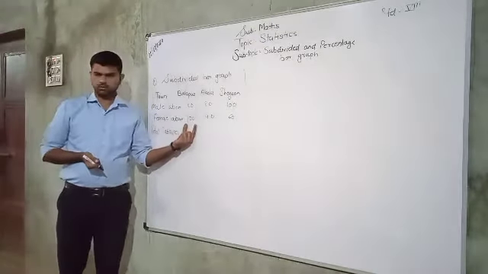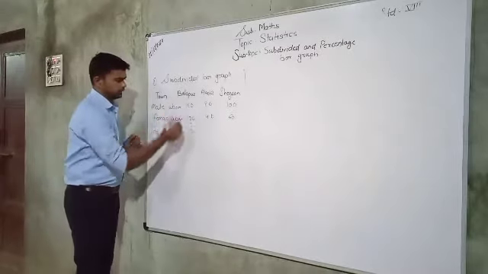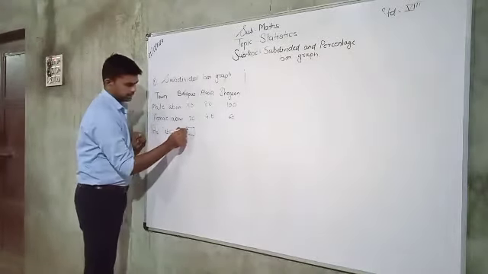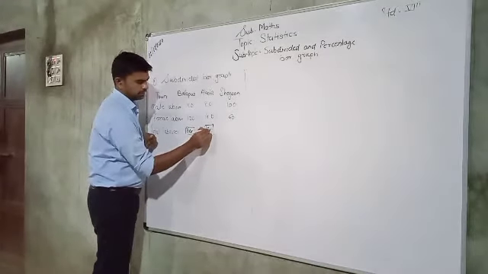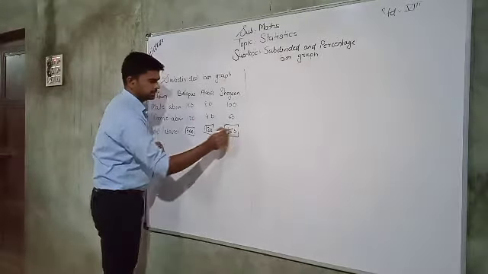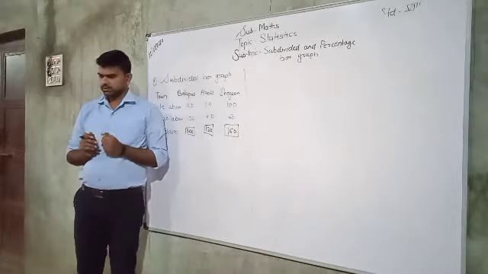Female laborers: 120, 40 and 60. So the total number of laborers in Balapur is 180 plus 120, which is 300. In Akola, 40 plus 80 is 120, and in Shegaon it is 160. Okay, this is the total labor.